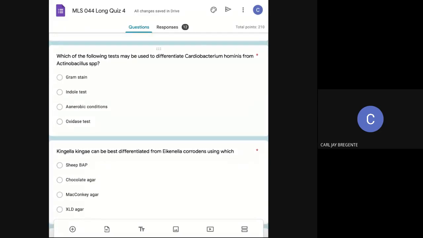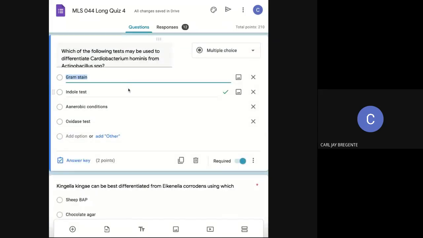Next, which of the following tests may be used to differentiate Cardiobacterium hominis from Actinobacillus species? So the correct answer is indole testing.